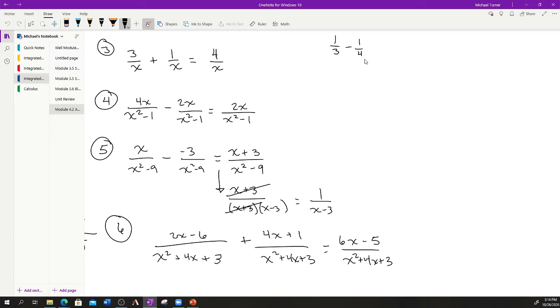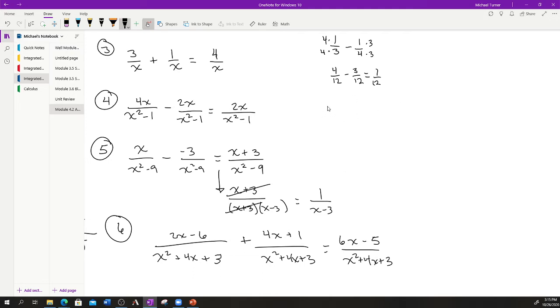The first number they have in common is 12. So I would multiply the left fraction by 4, top and bottom. We have to keep it balanced. And then I would multiply the right fraction by 3, top and bottom. Once you do that, the denominators are the same, and so you simply subtract the numerators to get 1 over 12.